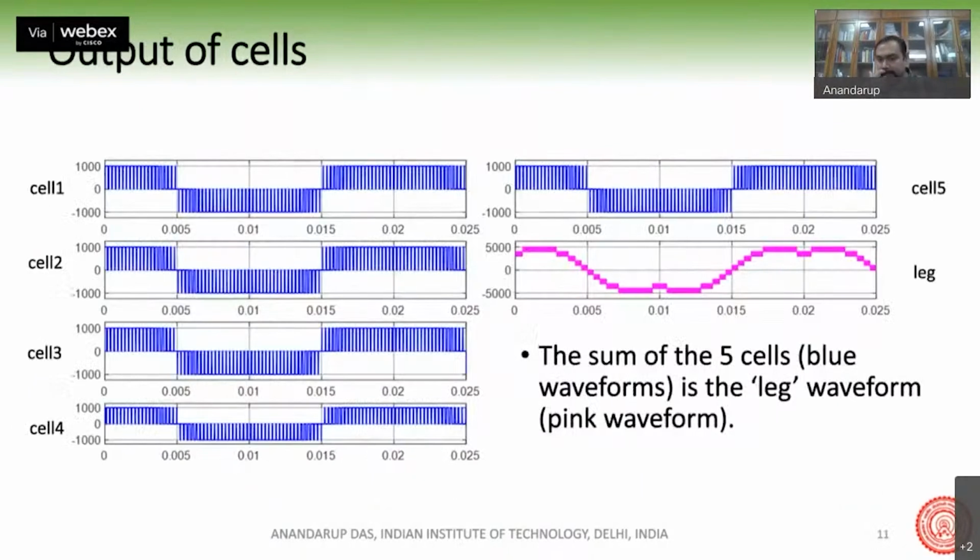You can see here in phase shifted PWM, each module is producing almost identical waveforms. Okay, but they are slightly phase shifted with each other. And that slight phase shift causes the output voltage to be closer to a sine wave, which you can see from the blue diagram and the resultant diagram, which is the pink waveform.